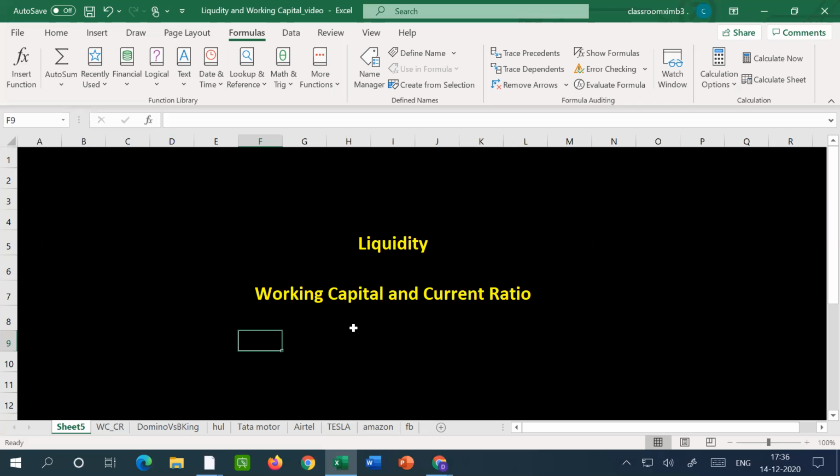For the current assets, you have to check the liquid and illiquid current assets. And for current liabilities, we need to check the interest-bearing and non-interest-bearing current liabilities before we comment on the liquidity position of the company.